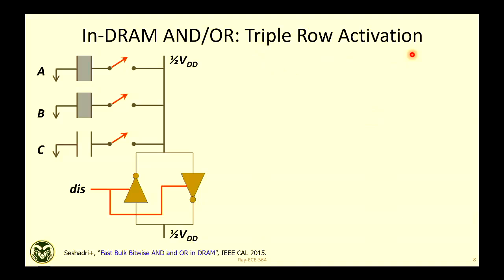For a normal read, you activate one row at a time. But suppose here A, B, and C, and you want to do an AND operation between them, or an OR operation between them. So what will be the AND operation result for A, B, and C?